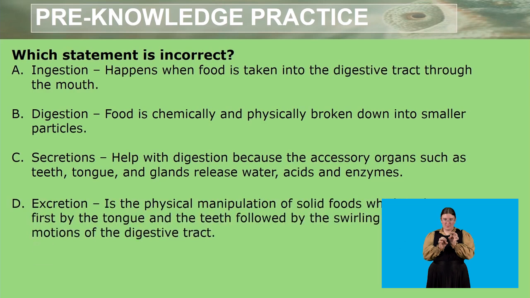Then we have D, excretion. This statement says excretion is the physical manipulation of solid foods which is done first by the tongue and the teeth, followed by the swelling and mixing motions of the digestive tract.